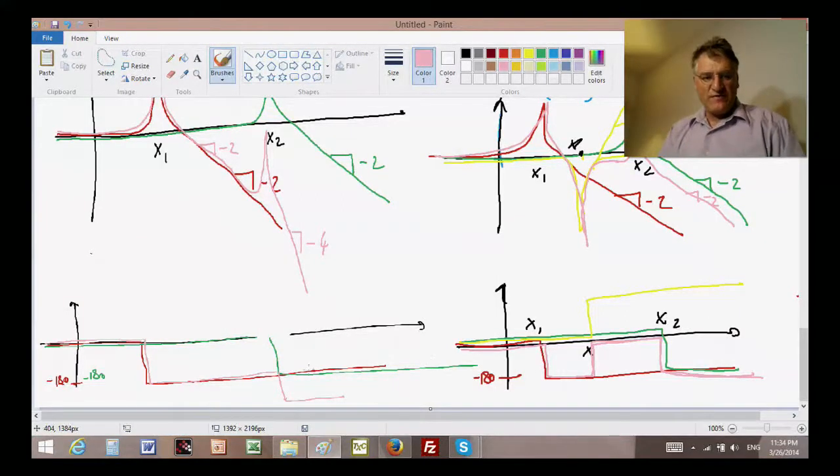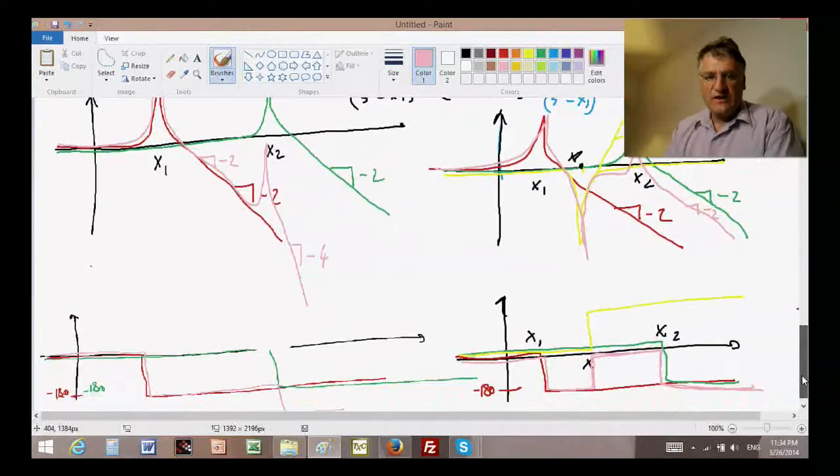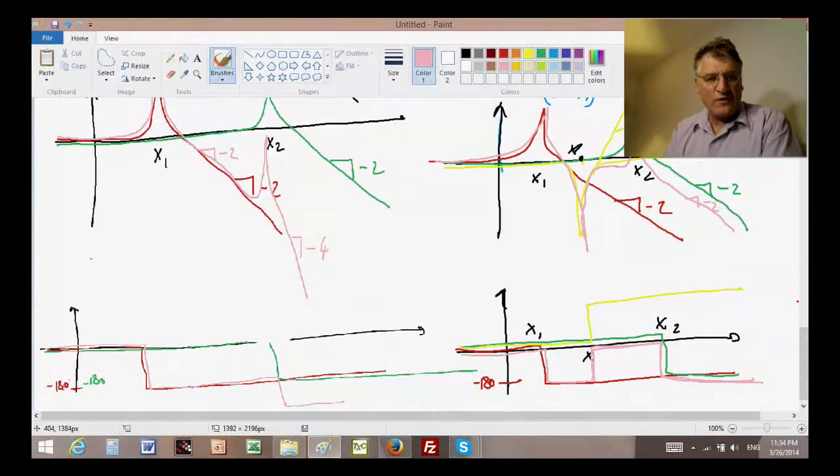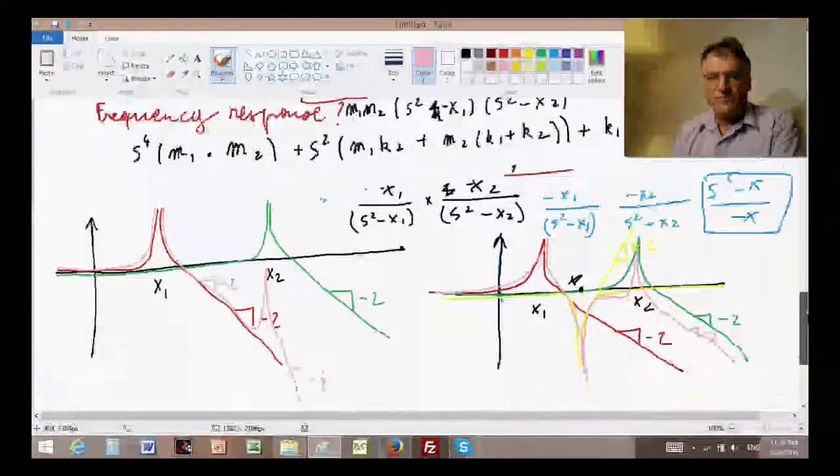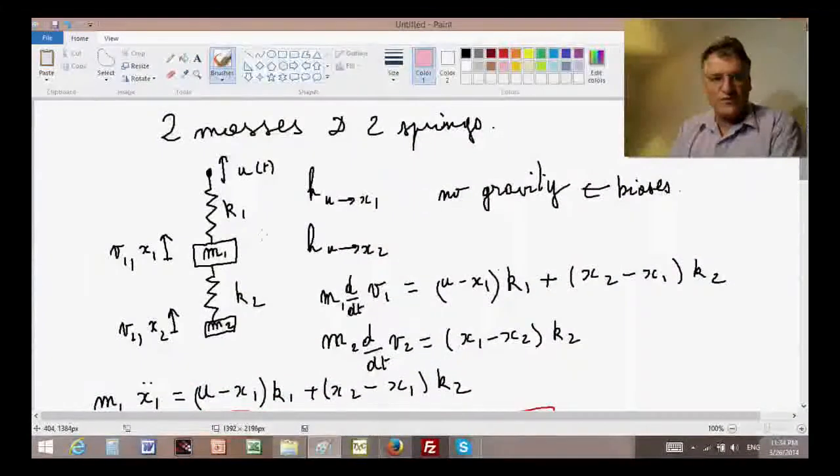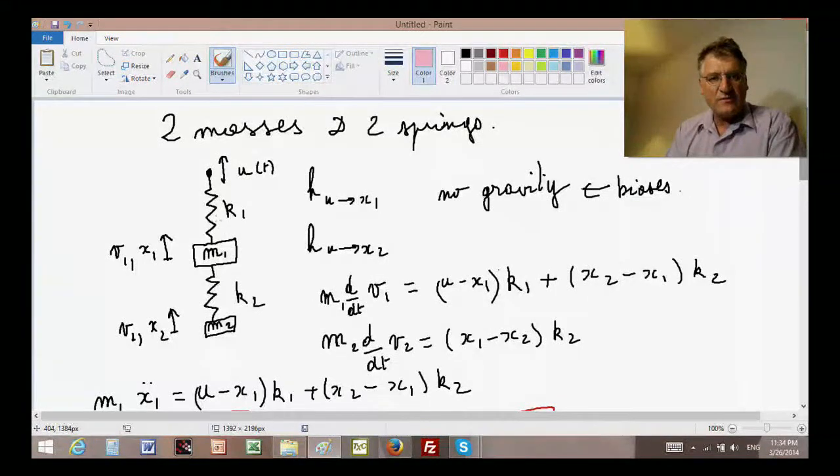And what happens is that the phase never drops below 180 degrees. This is an extremely interesting characteristic, as you will see later. It also shows that at low frequencies, the two transfer functions are in phase: the transfer function from top displacement to first mass, and top displacement to second mass.